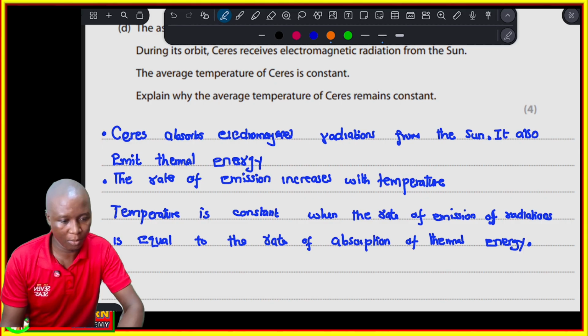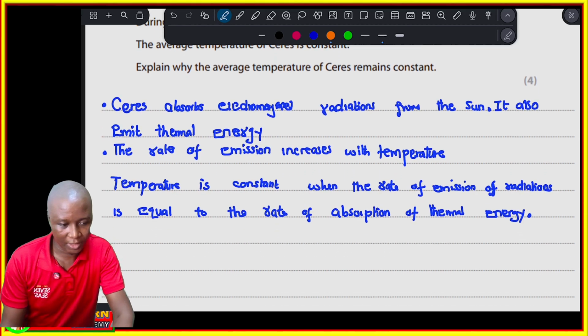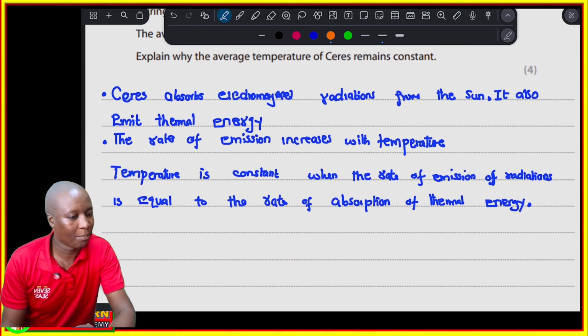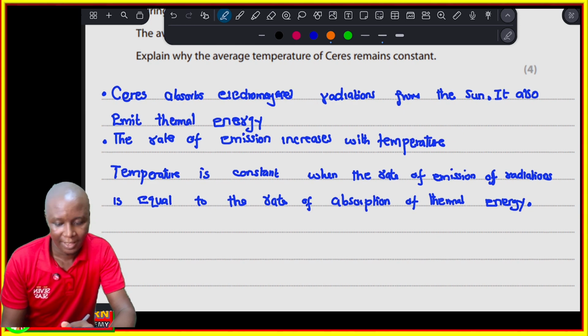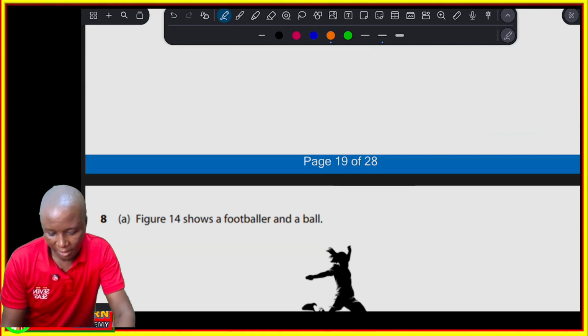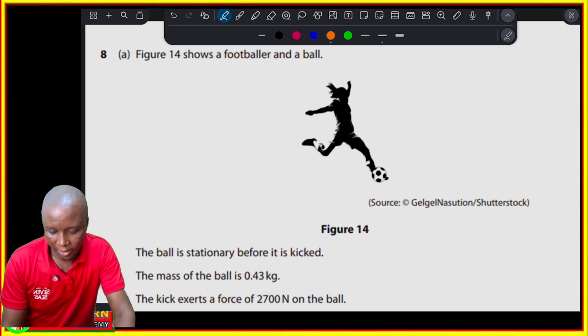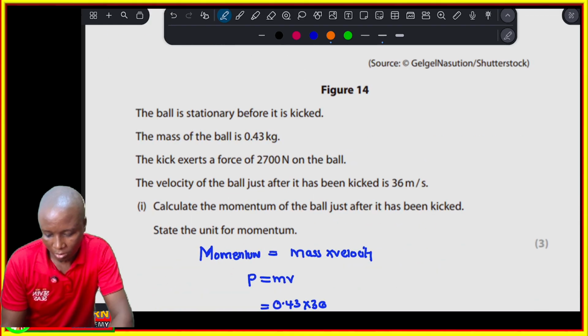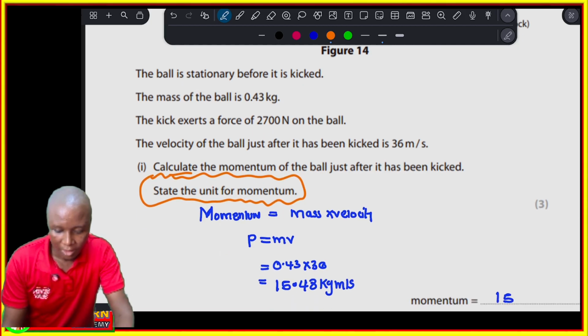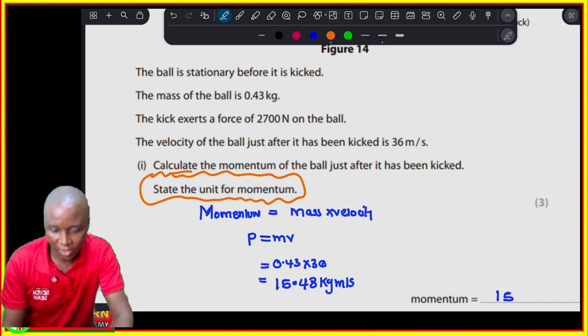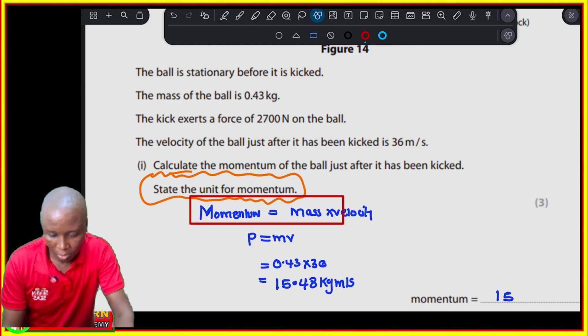So you can be able to write this. I've written it step by step so that you can exactly see how this is supposed to be done. And then you can move to question number 8, where we are supposed to state the unit for momentum after calculating momentum. Remember, momentum is given by the formula p equals mass times velocity.